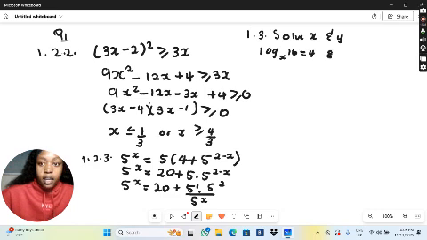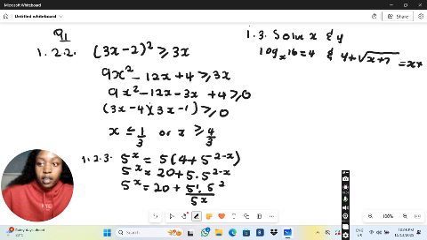For y, we have y is equal to y plus the root of x plus 7, which is equal to x plus 1.